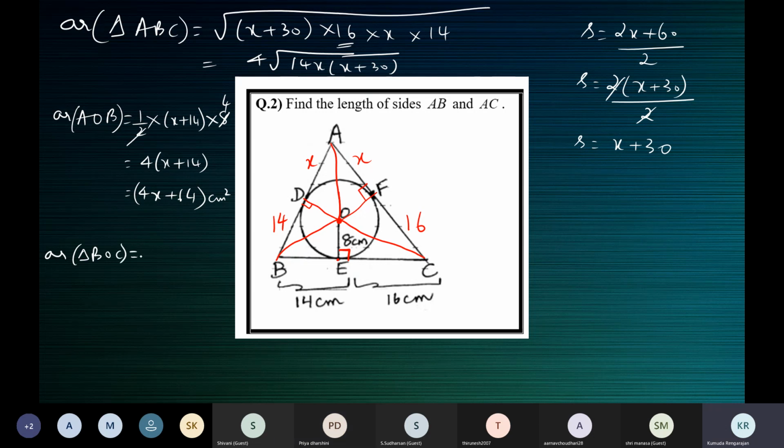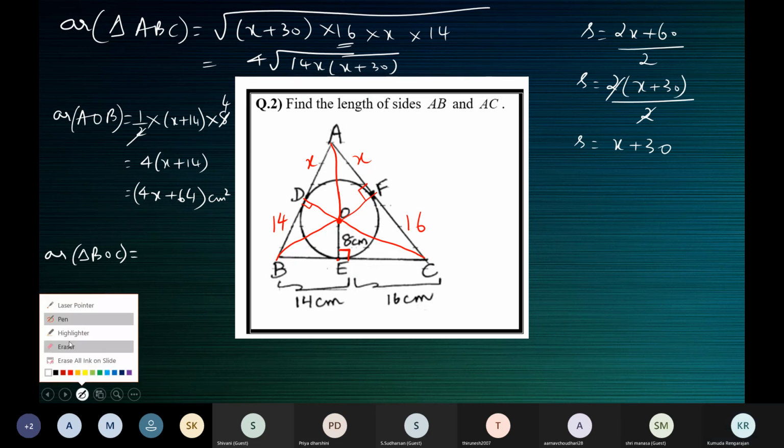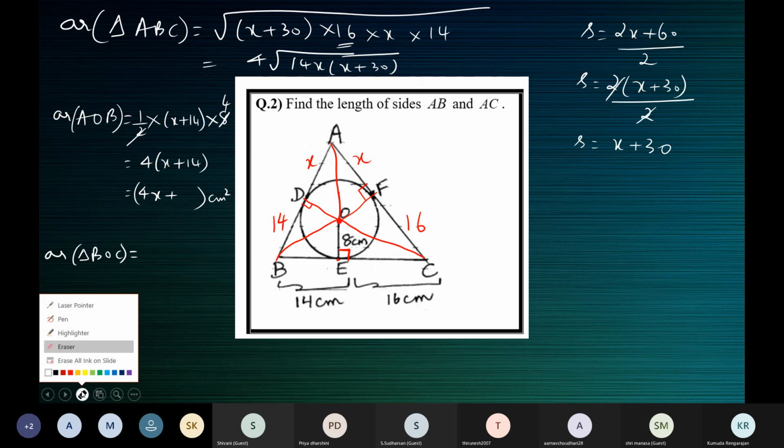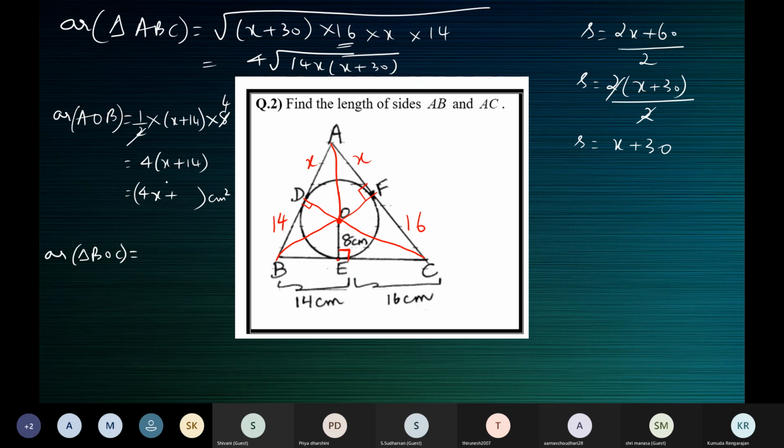Ma'am, only 4x plus 56 will come. 14 fours are 56. No, 16 fours are 64. Yeah, 56.